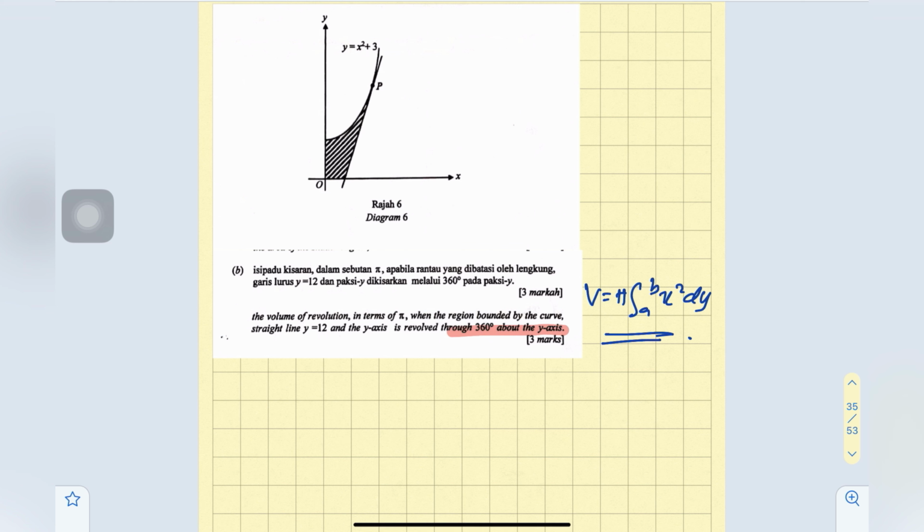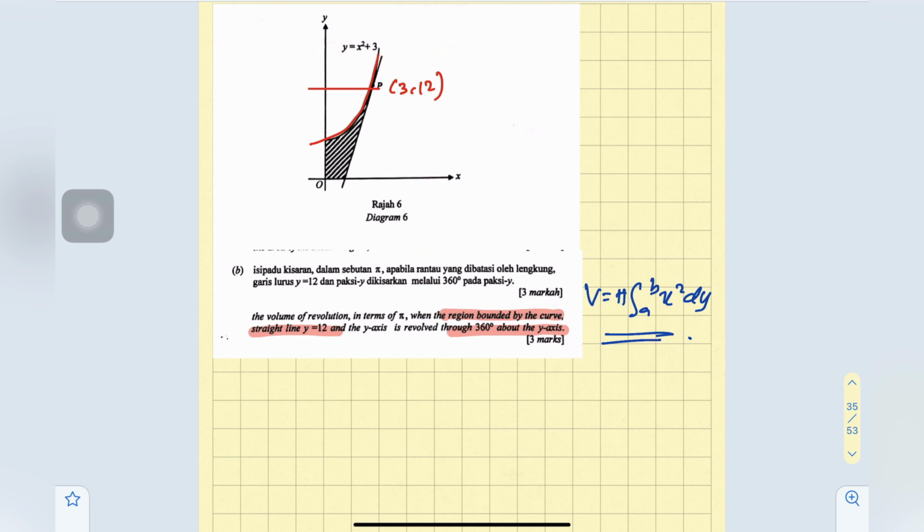But before that, we need to find the shaded region first, which one is the region bounded by the curve. Then the straight line y equals 12. Just now we knew this point is (3, 12), so the straight line y equals 12 is this one.